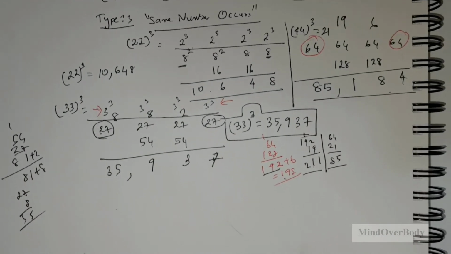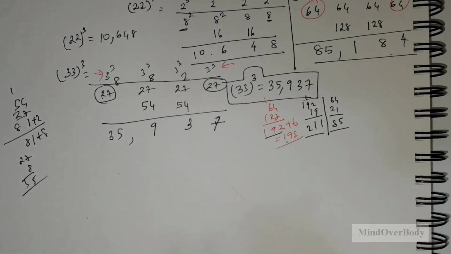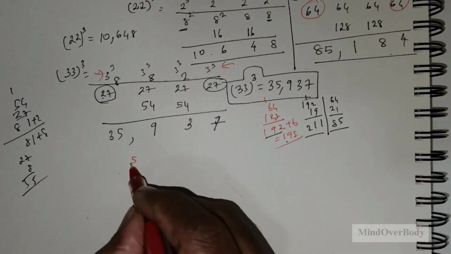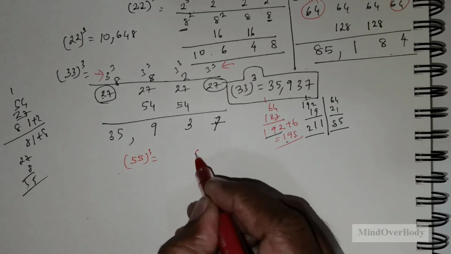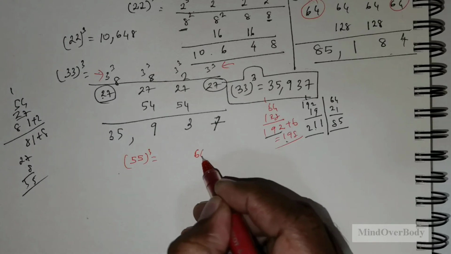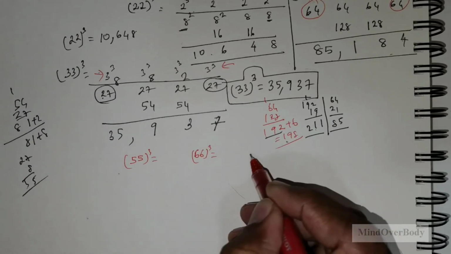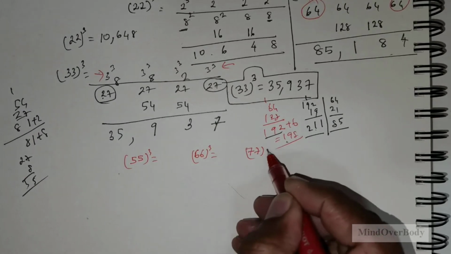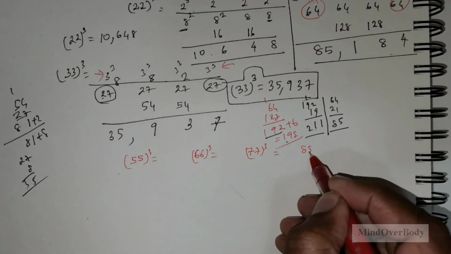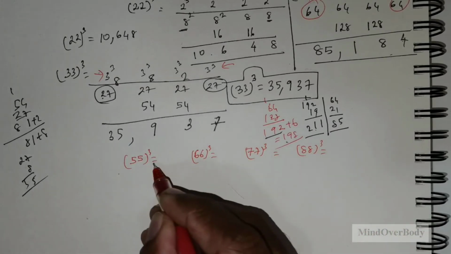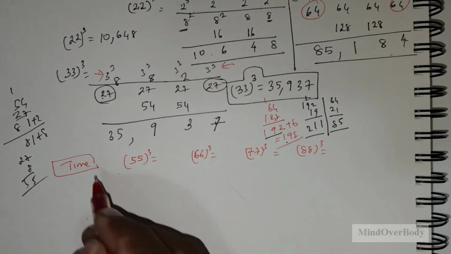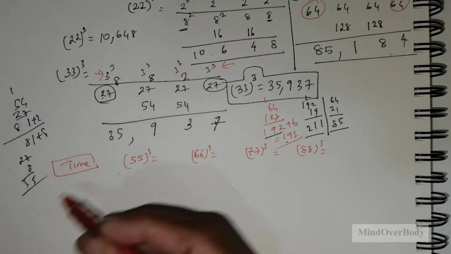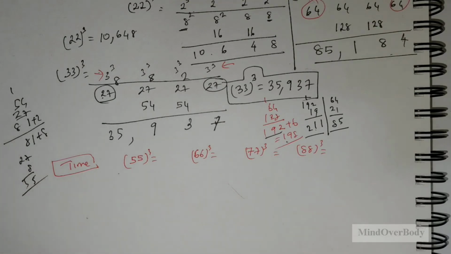So now what you got to do is try what is 55 cubed, what is 66 cubed, what is 77 cubed, and what is 88 cubed. Try these things and find out the time, record the time, and try to speed up your process. By practice you can achieve that.